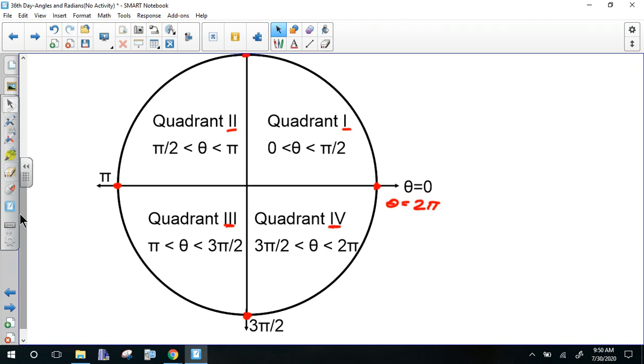In quadrant 2, they're going to be between pi over 2 and pi radians. Quadrant 3, they're going to be between pi and 3 pi over 2 radians. And then the last quadrant, quadrant 4, they'll be from 3 pi over 2 to 2 pi radians. This will come in handy in the next section when we talk about the unit circle.